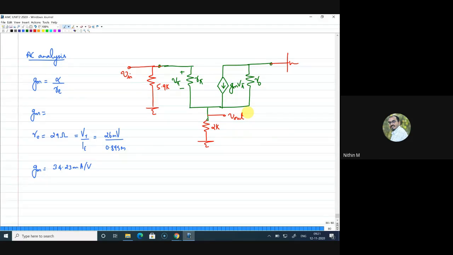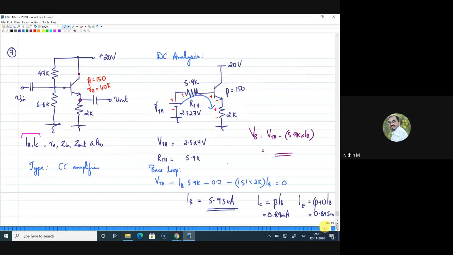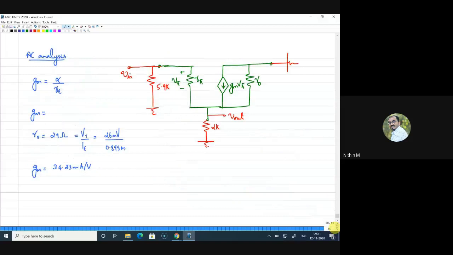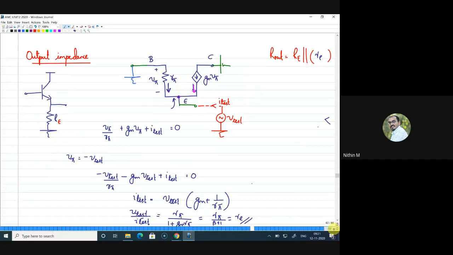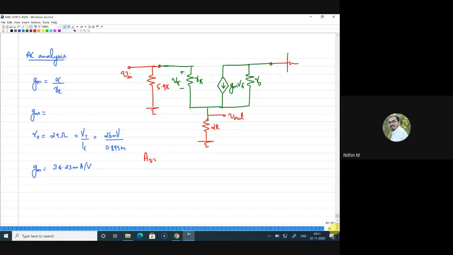Now we can go ahead and write the equations. You need to find Z in, Z out, and AV. Let me first find AV here. You can look back at the common collector derivation. V out is the voltage across this emitter, but this R0 also comes in parallel to this 2K, where R0 is close to 40K.